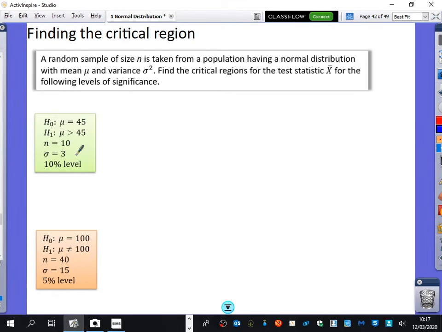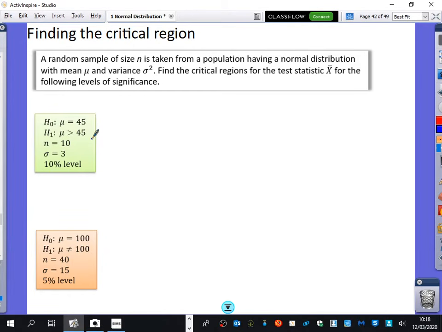The standard deviation of the population is 3, and we want to find out to a 10% significance level. We want to say, if I took this sample of 10 things, what would be the value of that sample mean? What would the value be to make me say, actually, the average is bigger than 45?